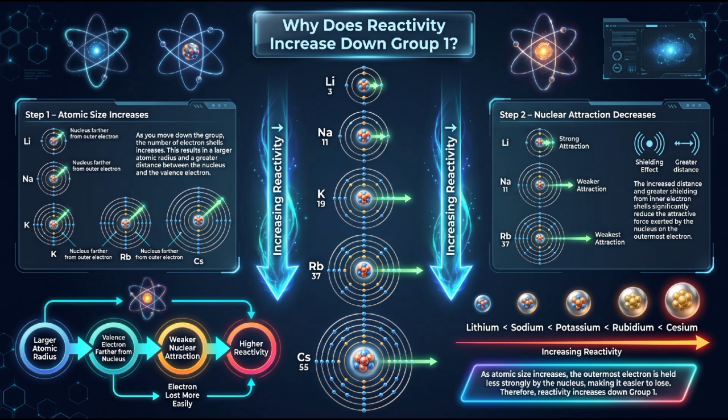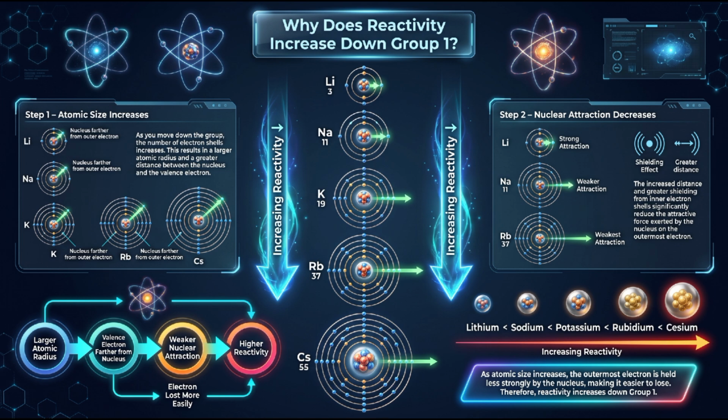As we move down Group 1, the number of inner electron shells increases. Lithium has only one inner shell between the nucleus and the valence electron, sodium has 2, potassium has 3, rubidium has 4, and cesium has 5. Because more inner electrons are present, the shielding effect becomes stronger with every step downward.